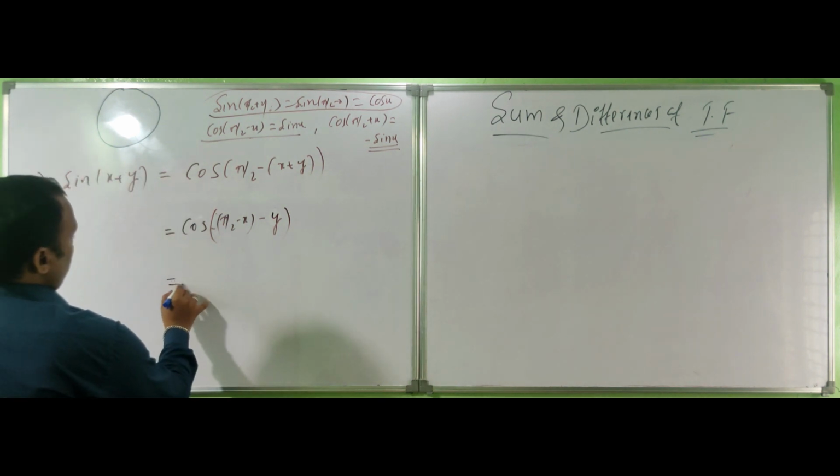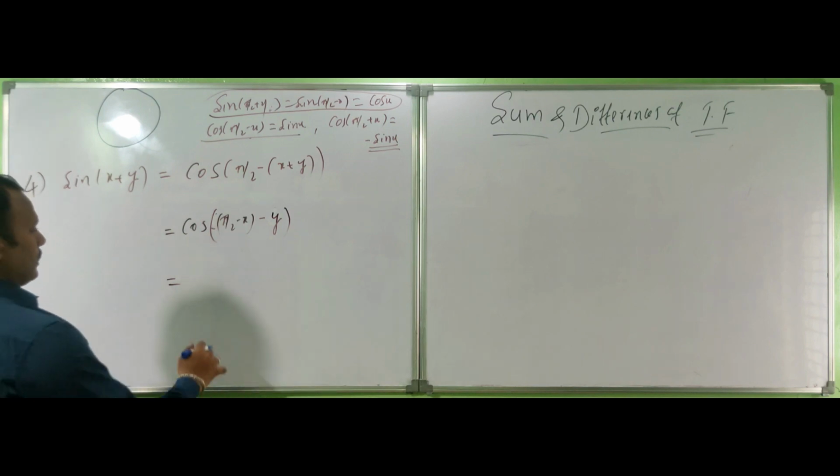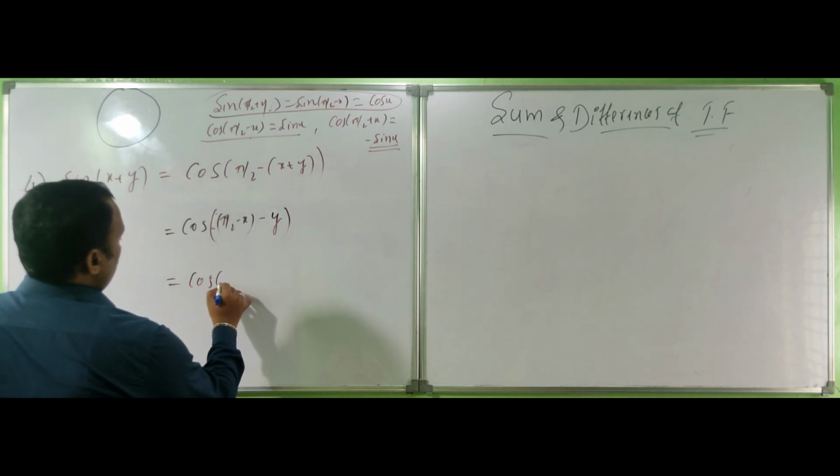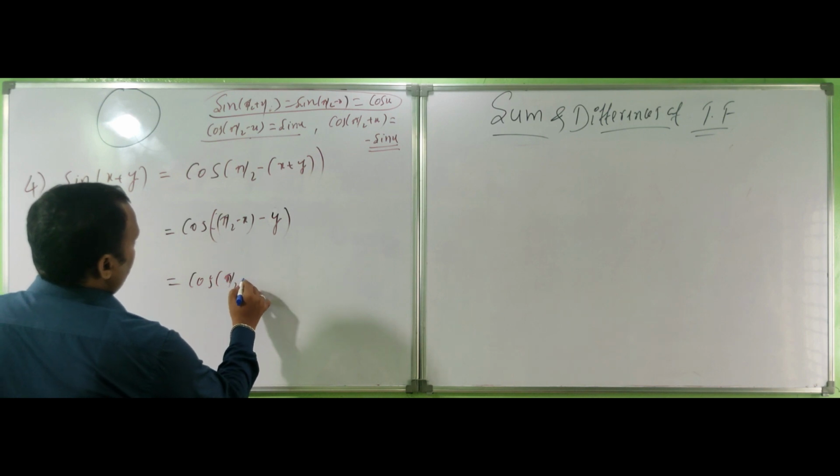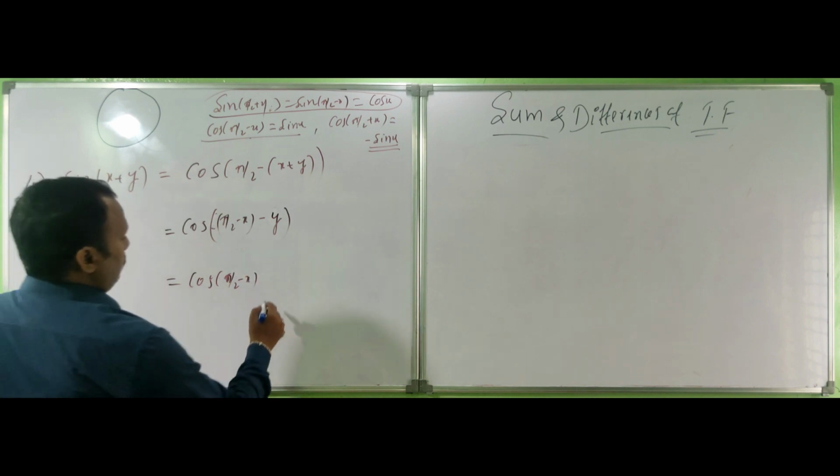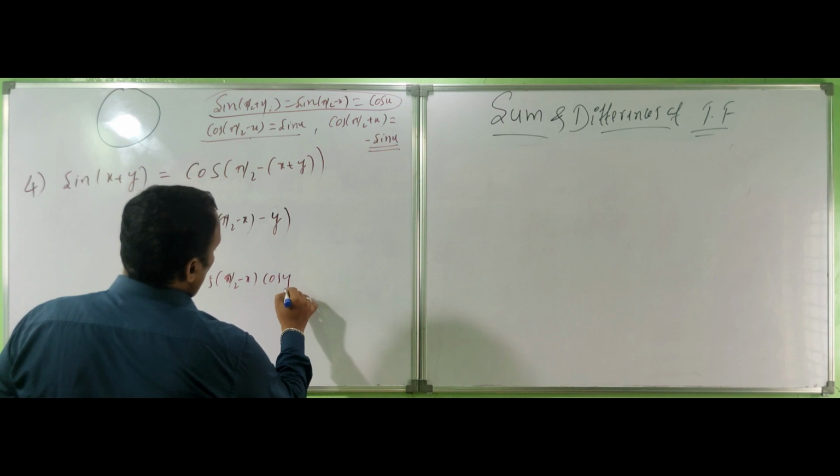Just expand it with the cos formula: cos of pi by 2 minus x times cos y.